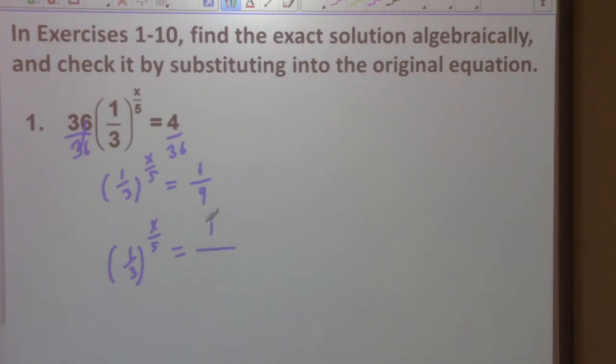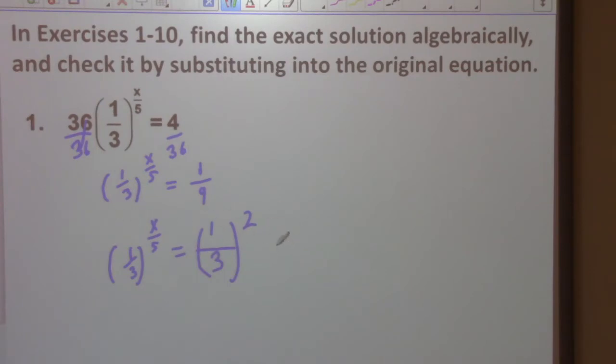So what we'll do is take 1 over 3 squared. Yeah, 1 over 3 squared, exactly. So now we have the same base. Was that your idea, Justin? That was a really good idea, Justin.